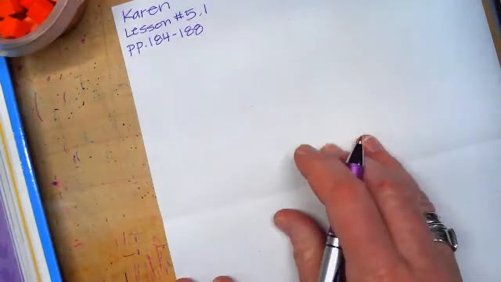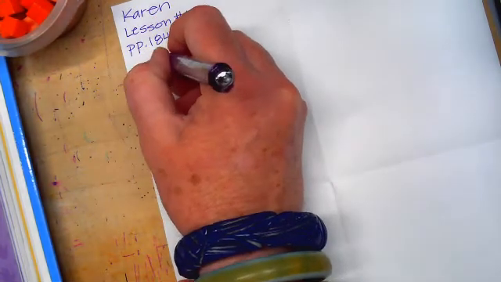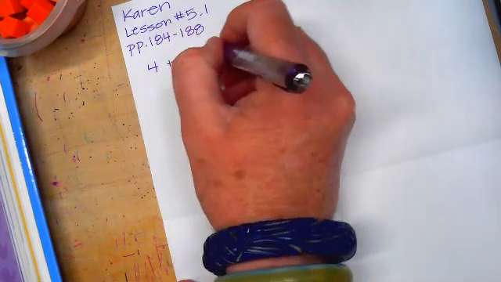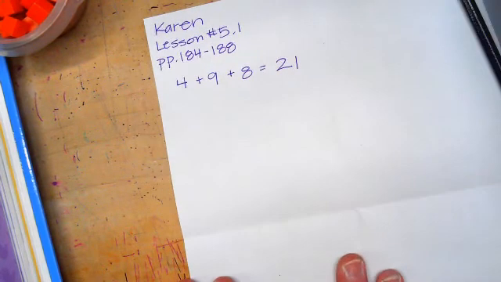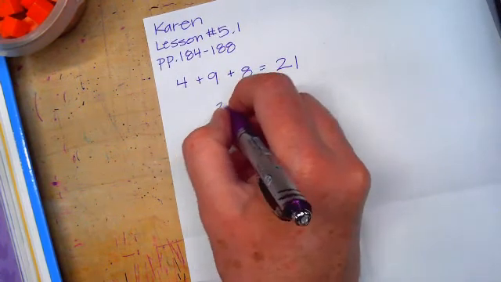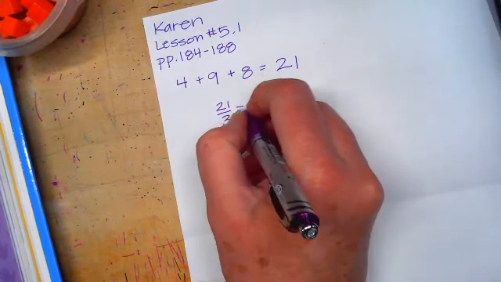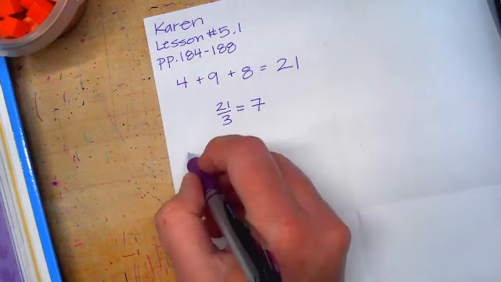So we could write that out. We could talk about how we did that, and we could say that we took 4 plus 9 plus 8 equals 21. And then what we did is we took 21 divided by 3, and that equals 7, right?